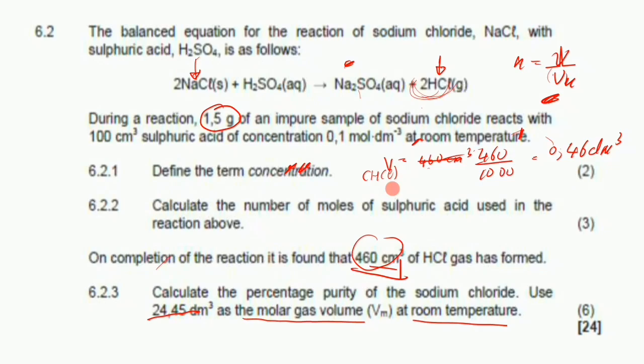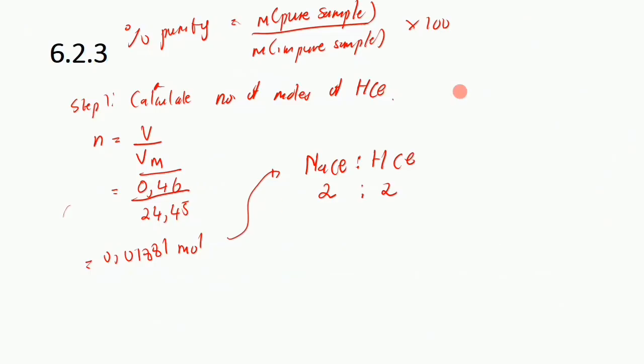So as we can see here, the coefficient of sodium chloride is 2, and the coefficient of hydrochloric acid is also 2, right? Then when we have that ratio, what does it mean? If we have the same number, that means if this one has a number of moles of 0.01881, this also is 0.01881, right? So same number of moles.